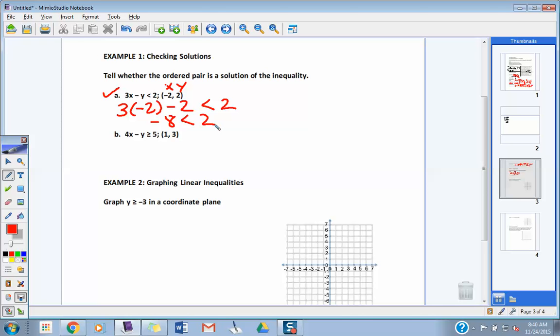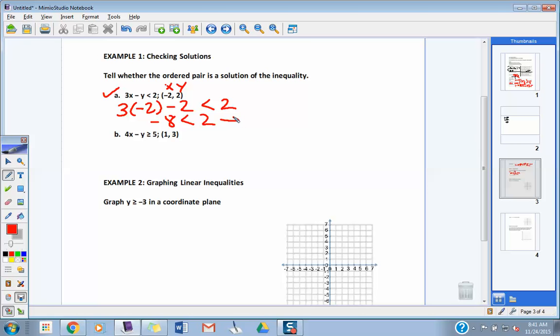That's true. So what do you think here, guys? Since that's true, what do you want to say here? You're saying what again, Mason? So you're going to say negative 2 comma 2 is a solution because what kind of a statement did we get? Good. True one, right? This is true right here.